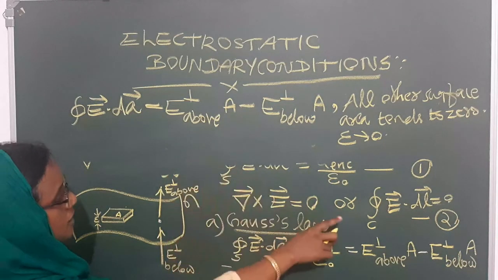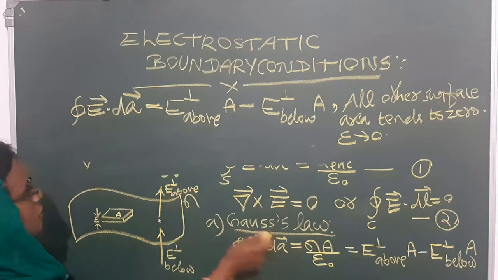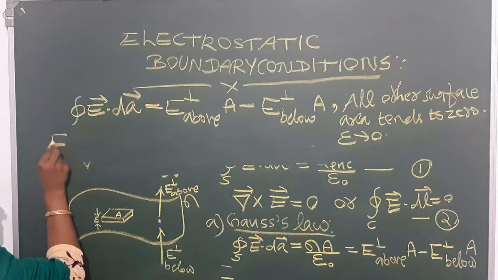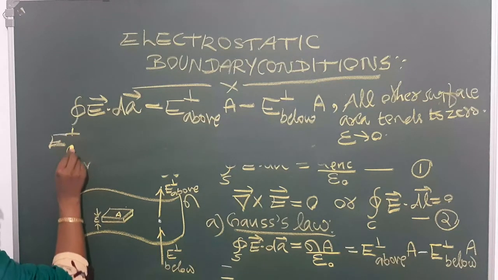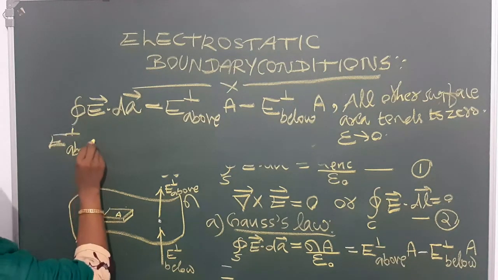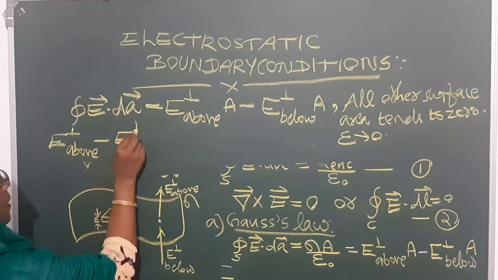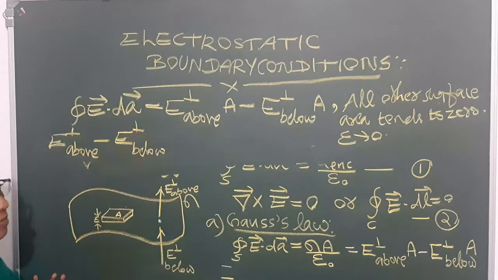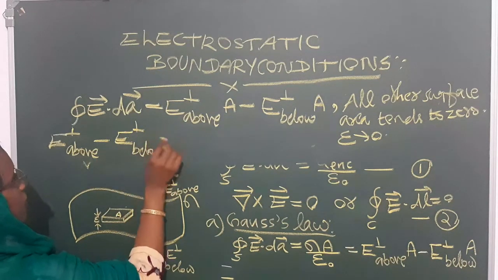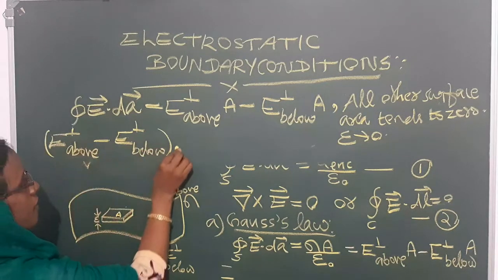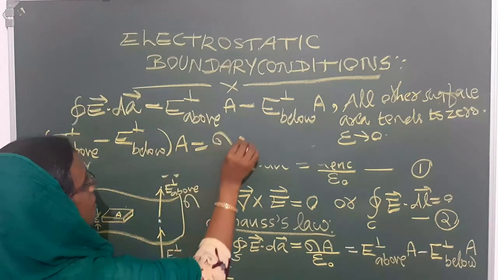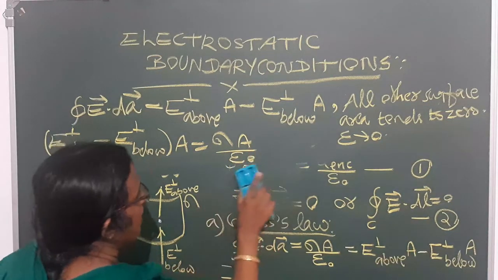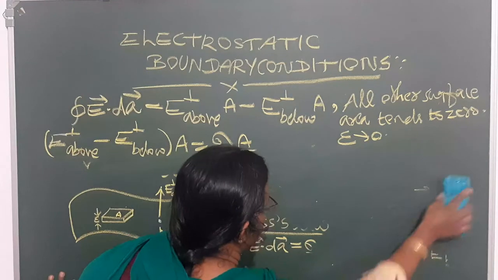Now you can compare this with our equation, sigma A by epsilon 0. So I can write: E perpendicular above minus E perpendicular below, times A, equals sigma A by epsilon 0.